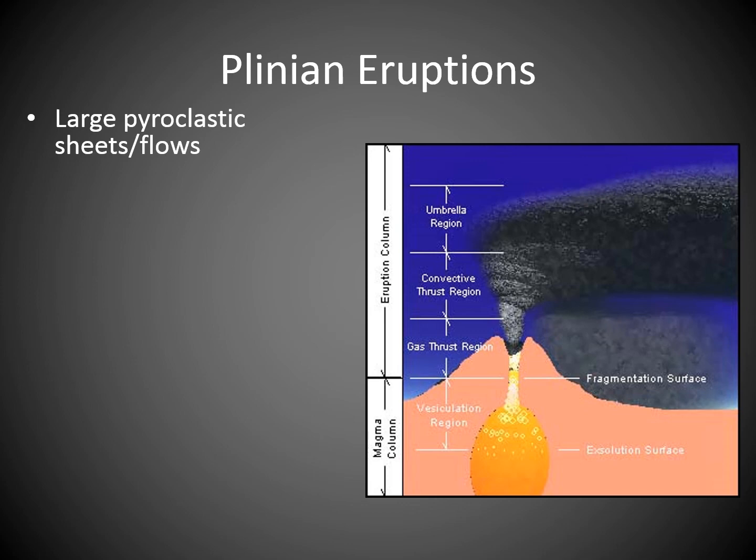And the material is so hot that sometimes all the hot, loose ash that comes down as a pyroclastic flow and deposits in the valleys, it's so hot that they'll fuse back together. And this is called a welded tuff. Sometimes it's just pumice that falls out of the air. So you can get large pumice deposits.